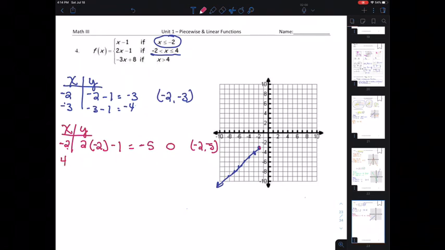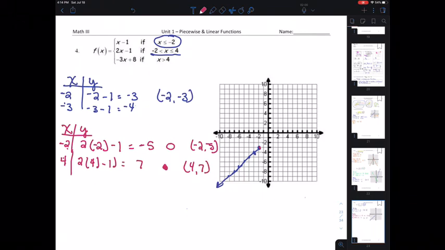And then let's do the endpoint, which would be 4. At 4, we have 2 times 4 minus 1. We get 8 minus 1, 7. And that would be a closed circle. So this point would be 4, 7. Okay? So we're going to start at negative 2, negative 5, and we have an open circle.